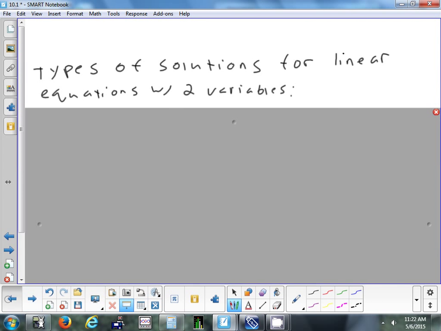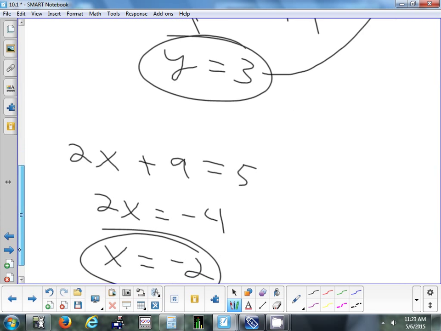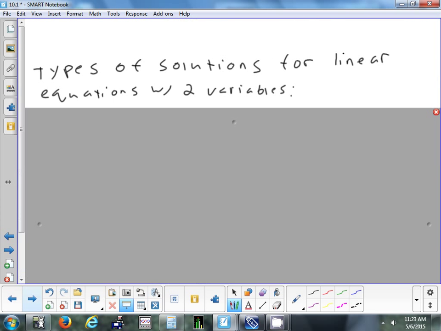So again, we just found where these two lines cross. They cross each other at the point negative 2, 3. So we got one solution. What's another situation that could happen when you draw two lines? Instead of them crossing in exactly one spot, they could do what? Be the same line. They could be the same line. Okay.